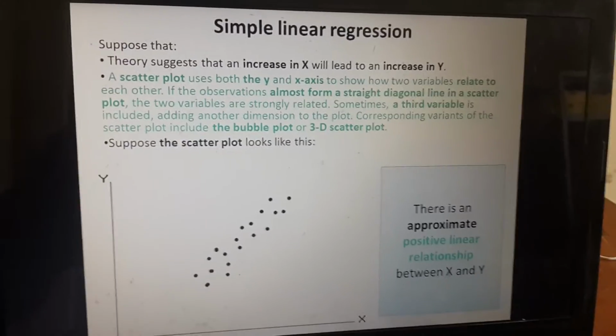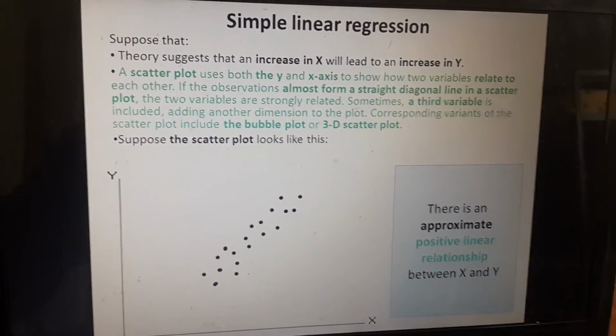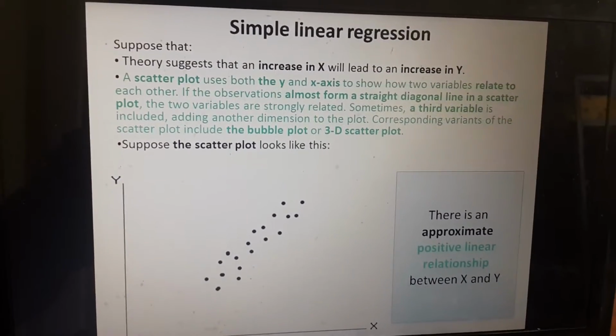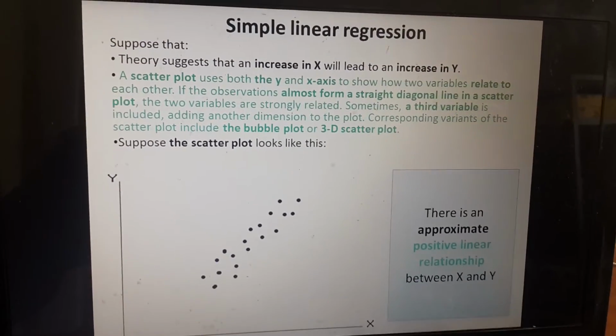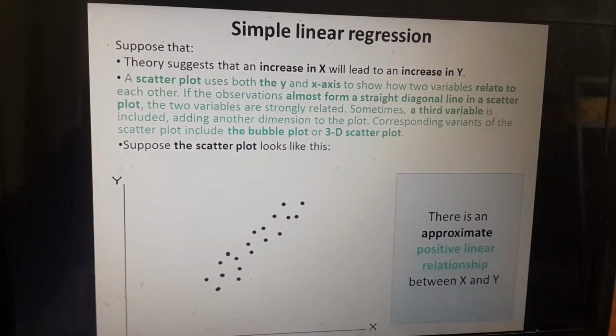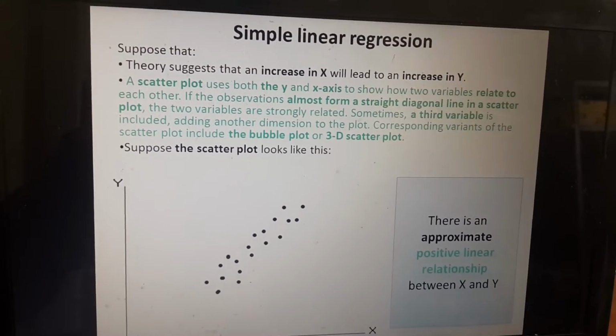As you see here, regression shows a relationship between two or more variables. Mostly, this can easily be demonstrated using a scatter plot. As you see in this scatter plot, the theory suggests that an increase in x will lead to an increase in y.